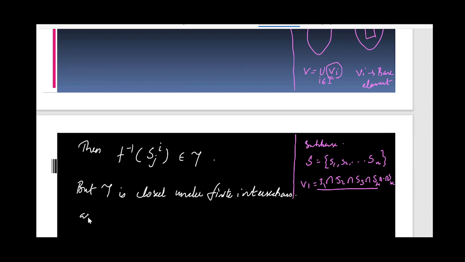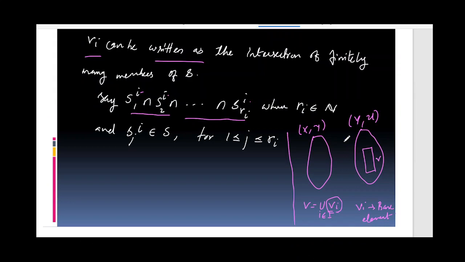And so F inverse of Vi belongs to the topology. Right? So have you got this one? In order to find F inverse of Vi, I should have F inverse of Sji.